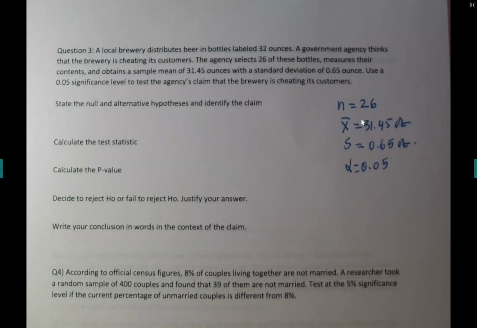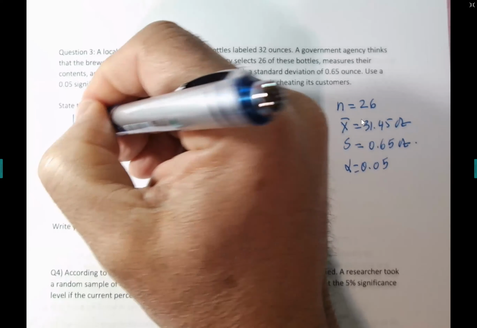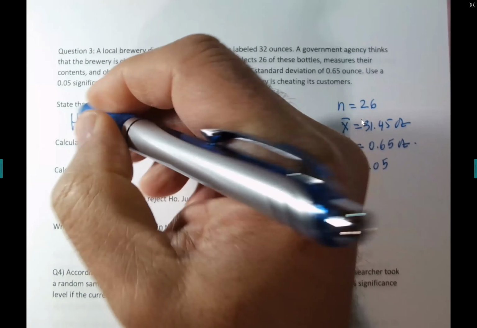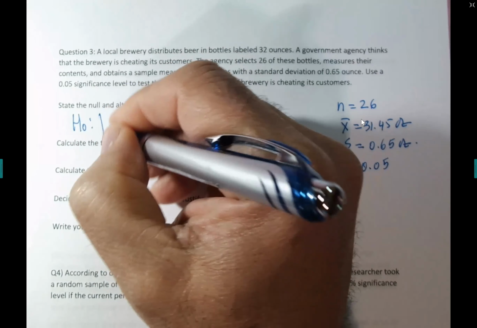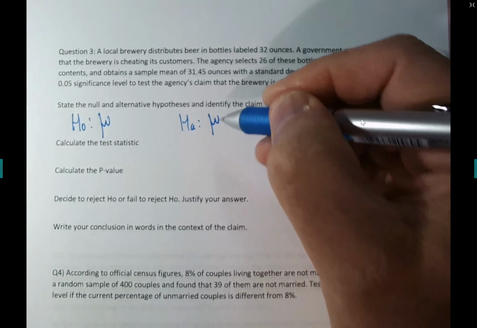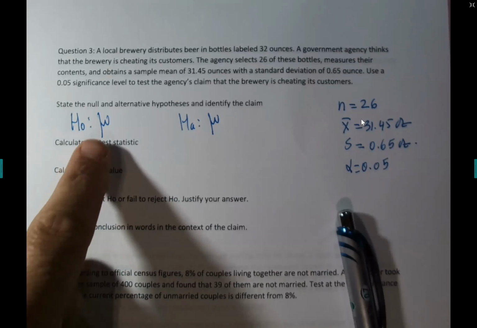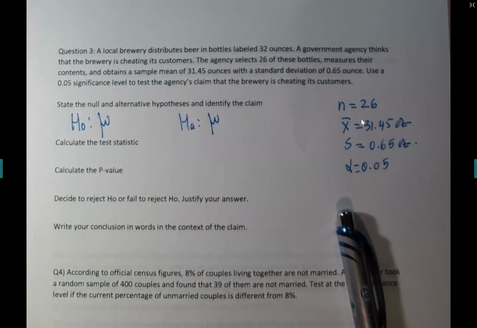How would you express the cheating claim as H0 and HA? H0 is the local brewery giving the 32 ounces, so equal to 32. But then the claim is the agency's claim. You have to put the sample mean. It's the average amount. Okay, so you say equal and not equal?